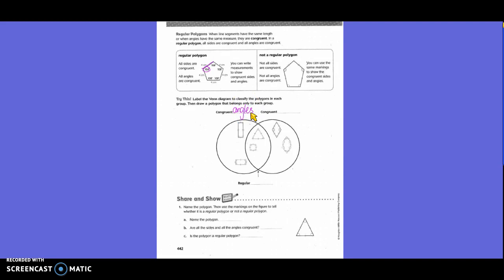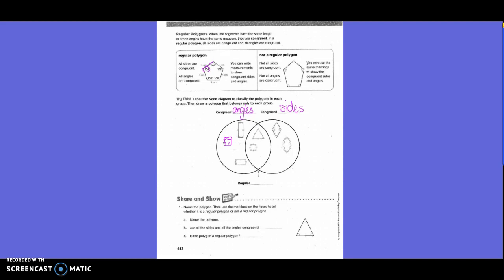Okay. Then over here, all the sides are what? Congruent, right? So these all have congruent sides. So over here, if we wanted to do congruent angles, what can we put here? A square, right? Because that's going to get us a right angle, right?